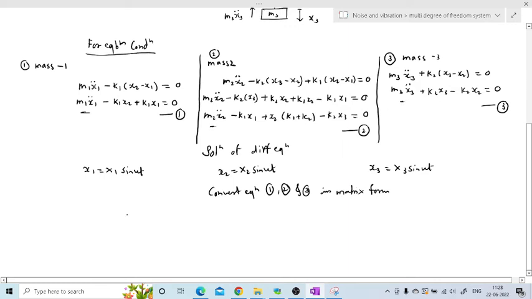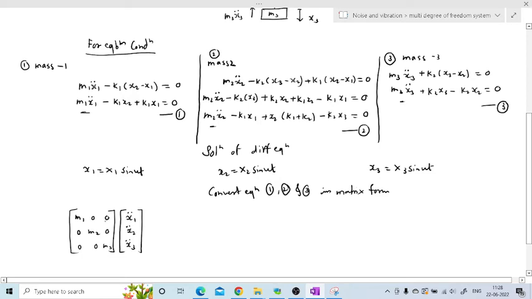So I am going to write the accelerations x1 double dot, x2 double dot and x3 double dot. Now we write the values with those accelerations, that is m1, m2 and m3. As we are writing in matrix form, m1 0 0, 0 m2 0 and 0 0 m3.